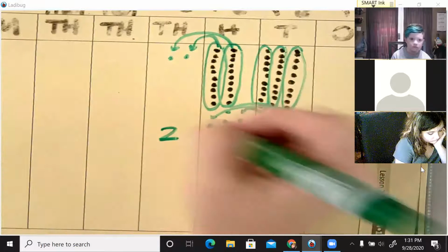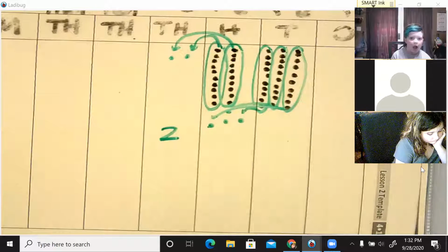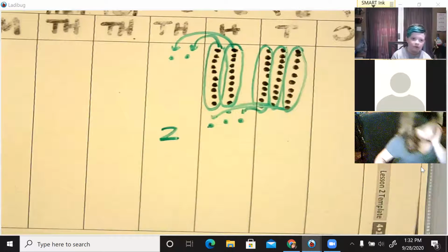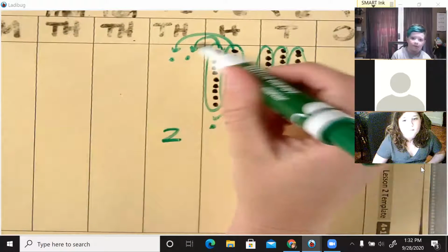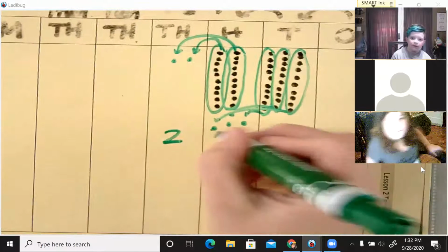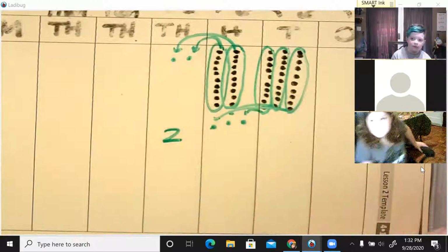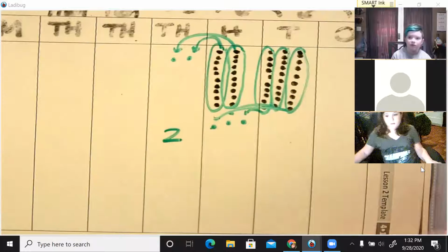You have 20. So listen to the question. How many hundreds do I have? You have 20. No, these are gone. These black dots, I've renamed them for thousands. Look at my green. How many green dots do I have in the hundreds place? 3.